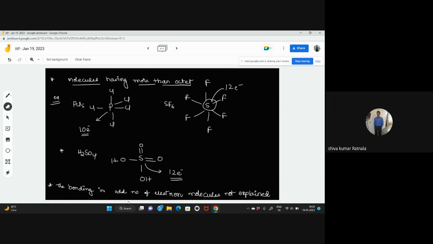Sigma covalent bond only. Okay, covalent bond, it will be like this. Yes, sir. This is about the octet rule and their configurations.